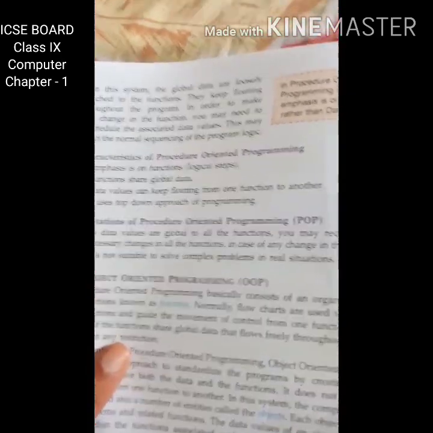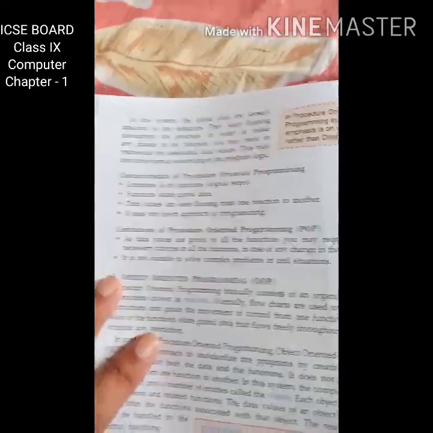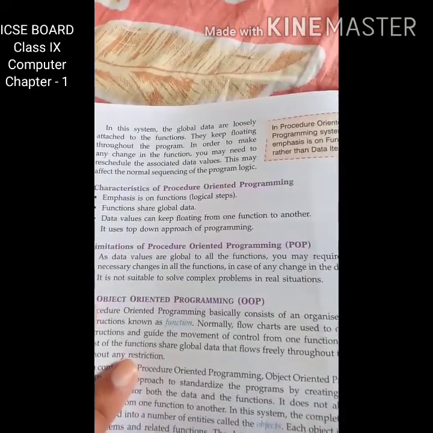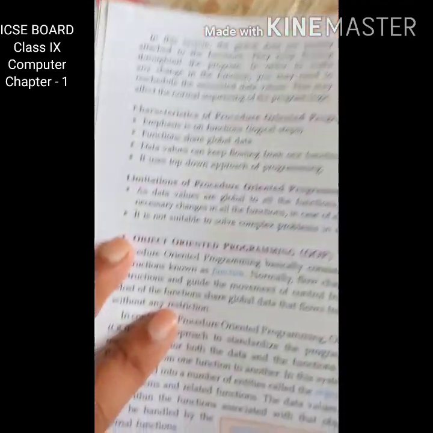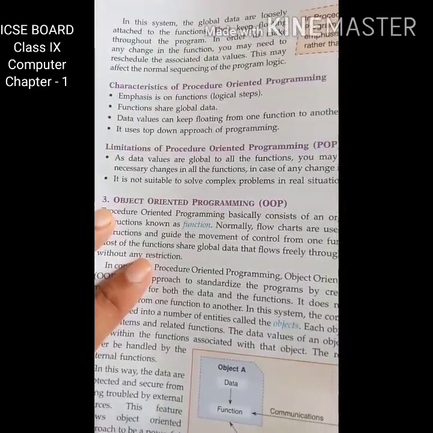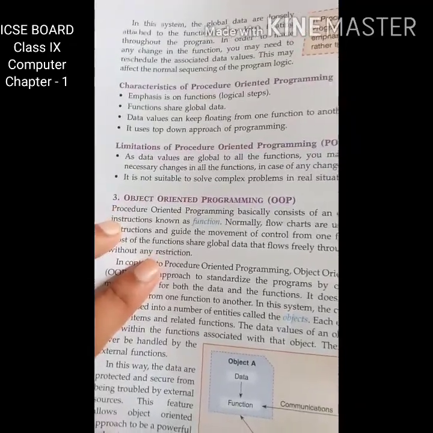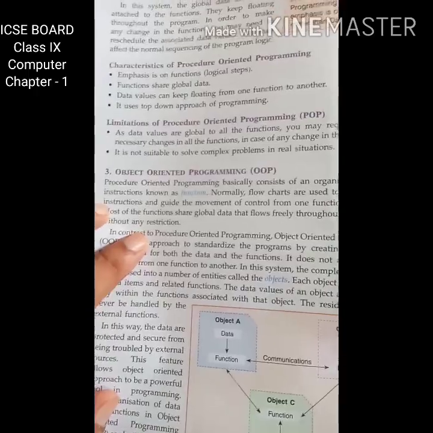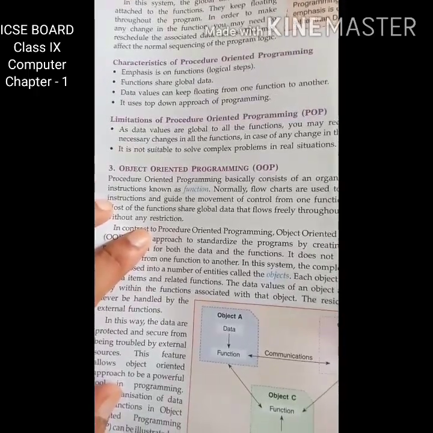Procedure oriented programming is not capable to solve real world problems. Now object oriented programming, that I have told you, object oriented programming system basically consists of an organized group of instructions known as functions.